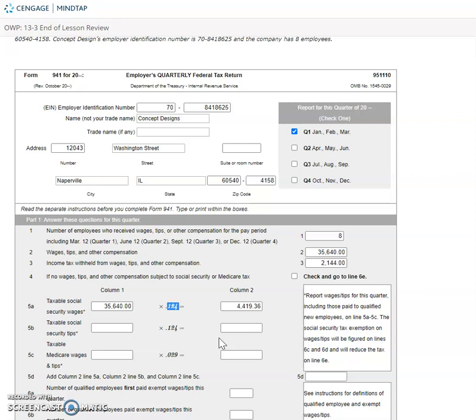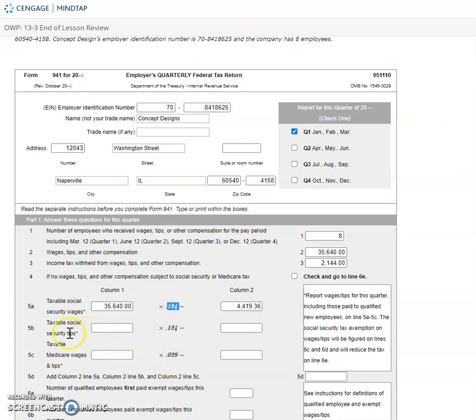If we think about that, Social Security is taxed at 6.2%. The reason that this number would be 12.4% is because we are looking at the Social Security tax for the employee plus the employer. So we are looking at the total Social Security taxes that we held from the employee and then the employer side of those Social Security taxes as well. That is why that percentage is doubled.